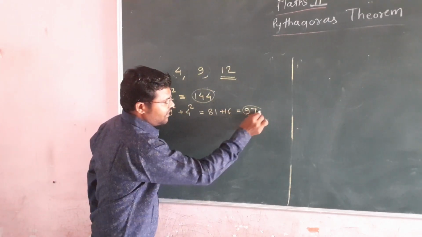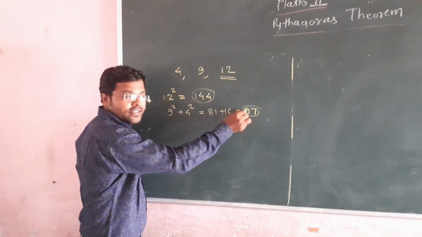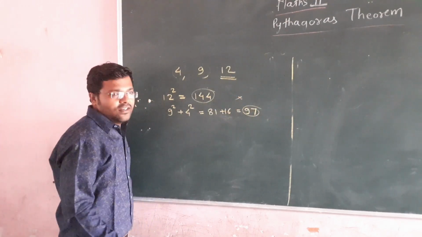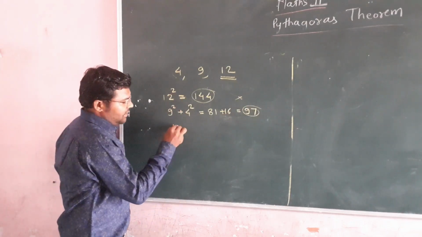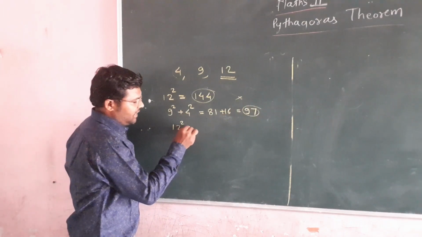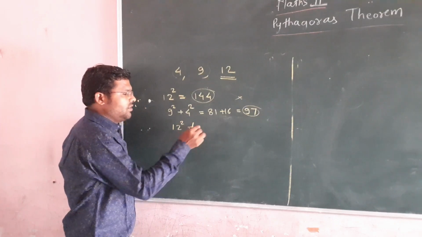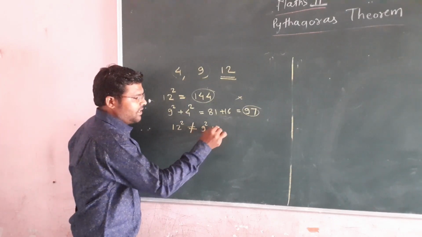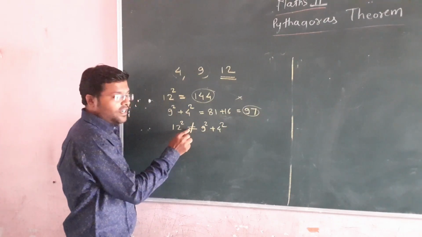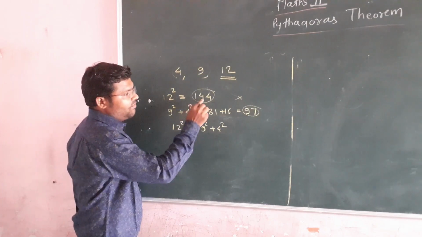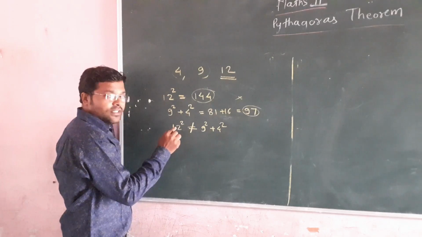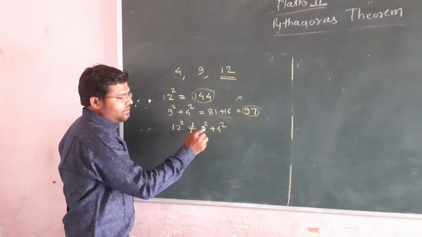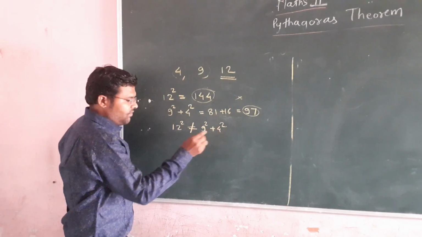Are 144 and 97 the same number? It's not. These are not equal numbers. That means the square of 12 is not equal to the square of 9 plus the square of 4. Here I write: not equal. 144 and 97 are not equal numbers.